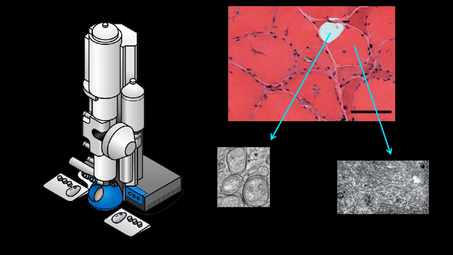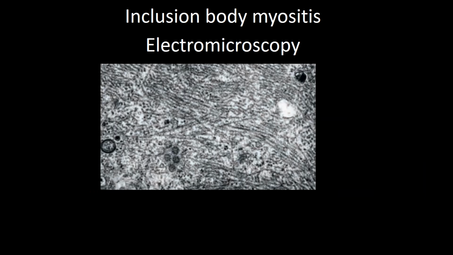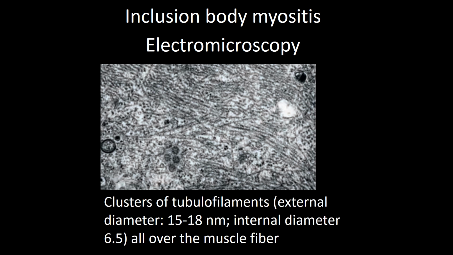Electron microscopy of the actual muscle fiber shows clusters of filaments. In this frame, I have enlarged the latter electron microscopic specimen so you can better see the cluster of filaments. The origin of these filaments, often referred to as tubulofilaments, is unknown.